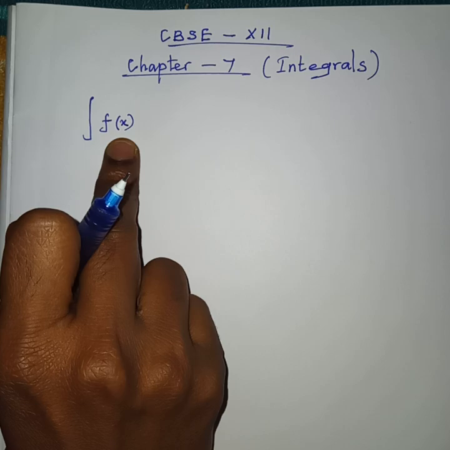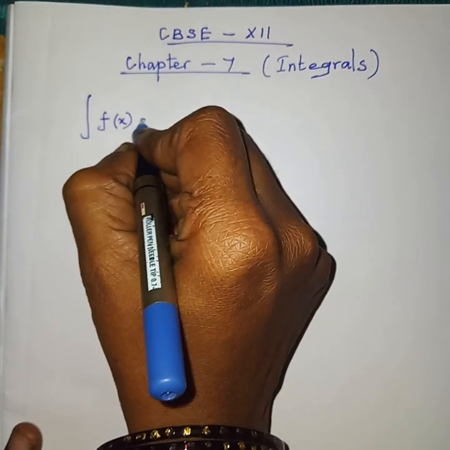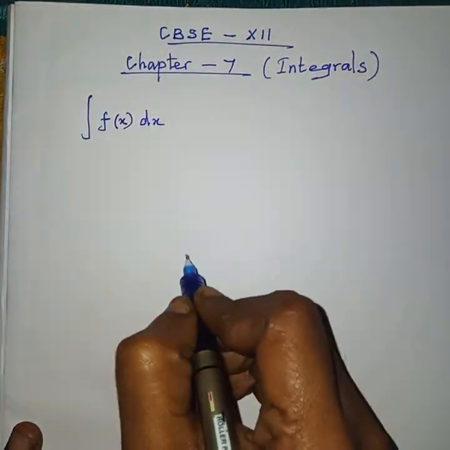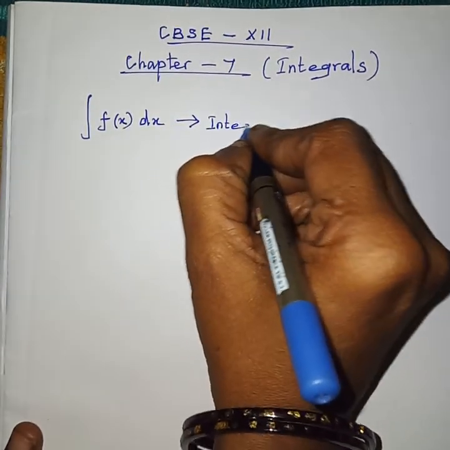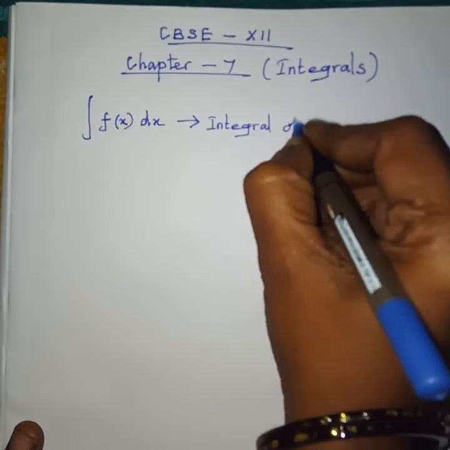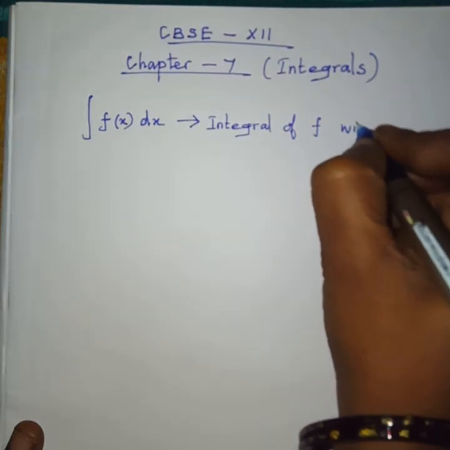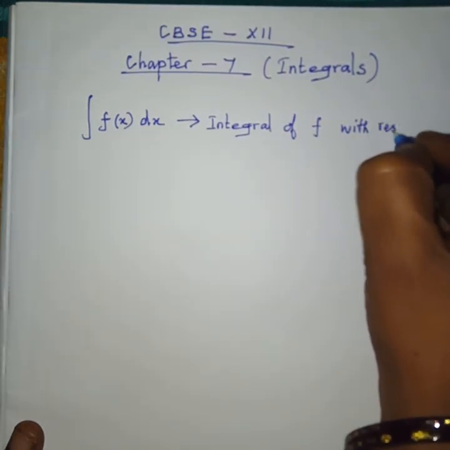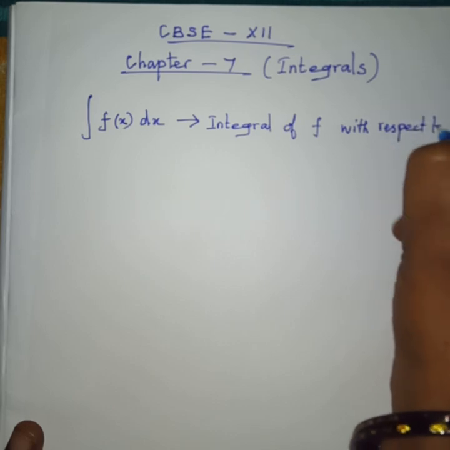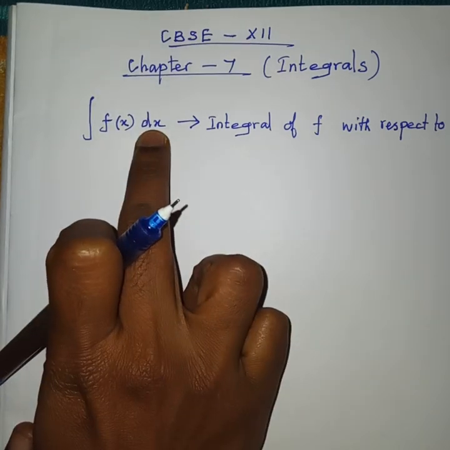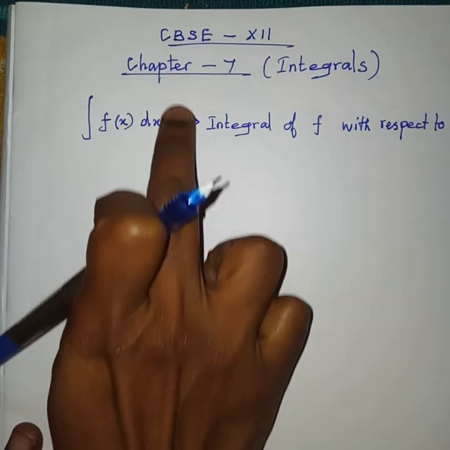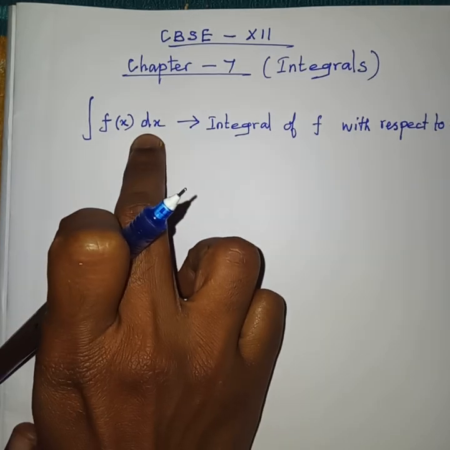That function is denoted by f of x, with dx. What does this mean? This is called the integral of f with respect to x. With respect to x means we have to put dx.